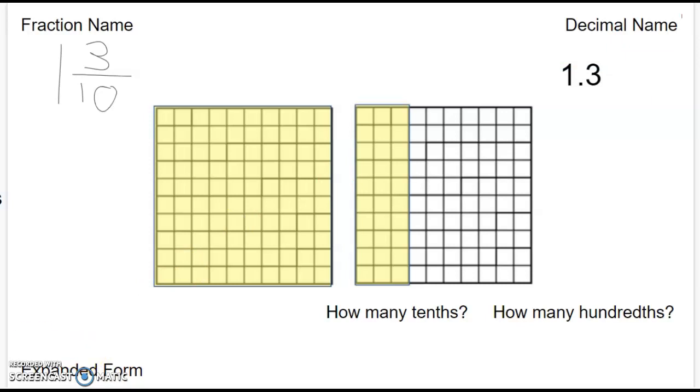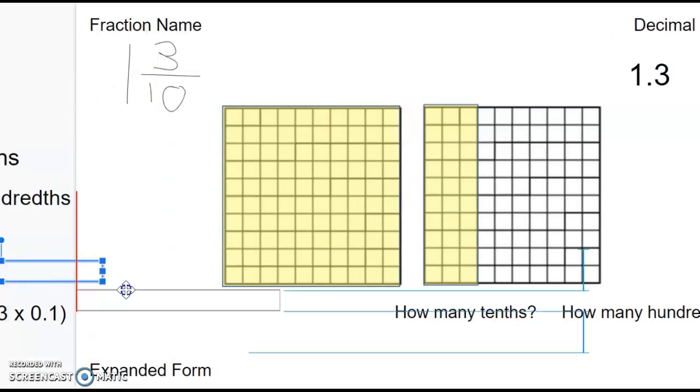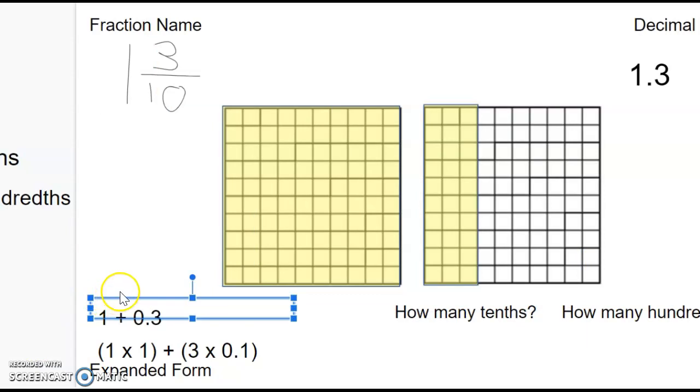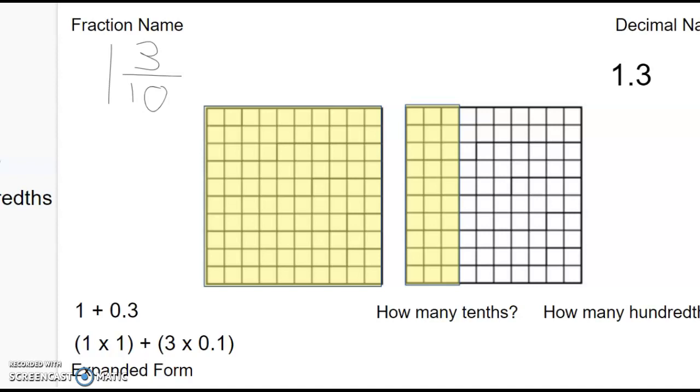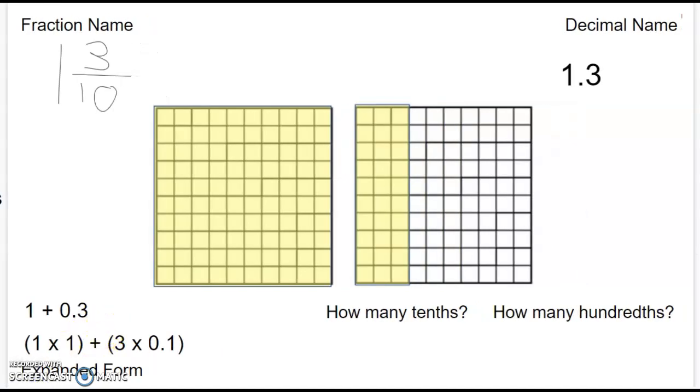Expanded form can be written a couple different ways, and here are the 2 different ways. I wrote both of them so that you could look at them with me. Expanded form can be either written 1 plus 3/10. You're breaking up the place values. I have my wholes, my 1, and my tenths.